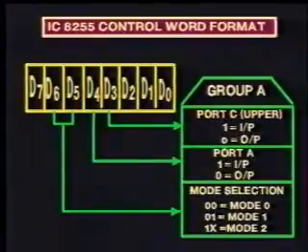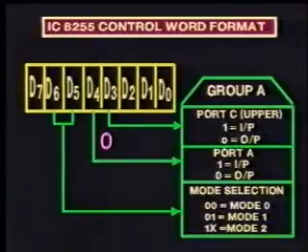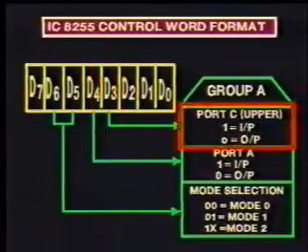The bit D4 sets the port A for input or output function. When it is 1, the port A becomes input port. When it is 0, the port A becomes output port. The bit D3 sets the port C upper for input or output.